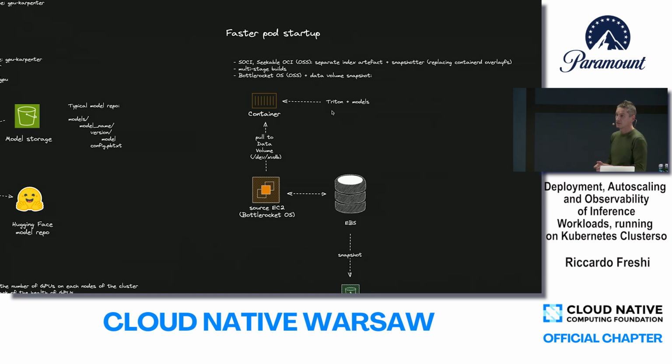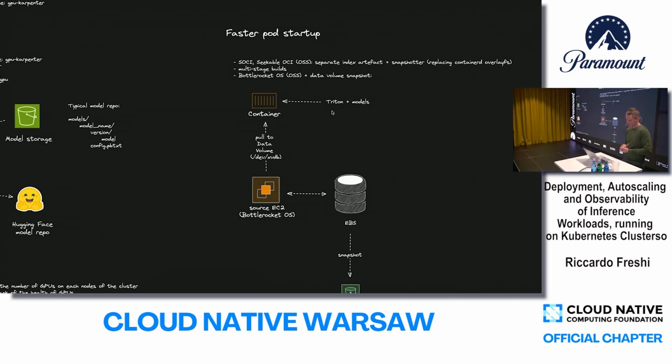So the container needs to start, run, and once it's running, it needs to download the model, because you've seen, for example, in there it's hosted somewhere else, in a persistent storage.